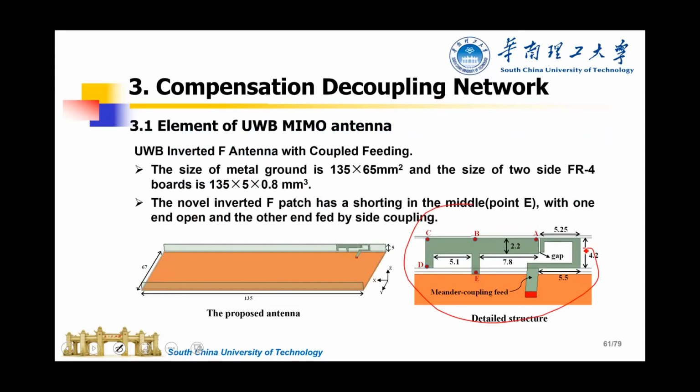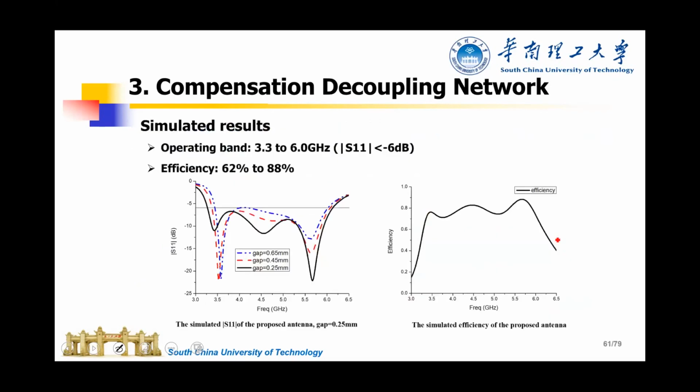Why is it called a coupling PIFA? It is not a direct connected antenna, and we use a gap to connect the antenna. Our antenna is wideband because this work is for 5th generation applications, so the operating band is from 3.3 to 6 gigahertz. So the antenna has good performance.